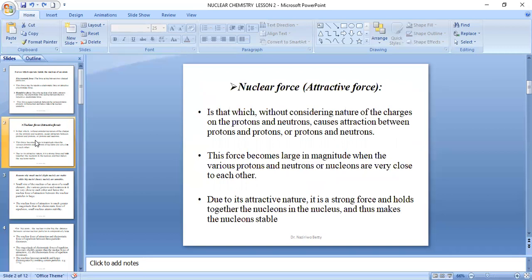This force becomes large in magnitude when the various protons and neutrons, or nucleons, are very close to each other. Remember, we said the nucleons are the same as protons and neutrons. Due to its attractive nature, it is a stronger force and holds together the nucleons in the nucleus and thus makes the nucleus stable.